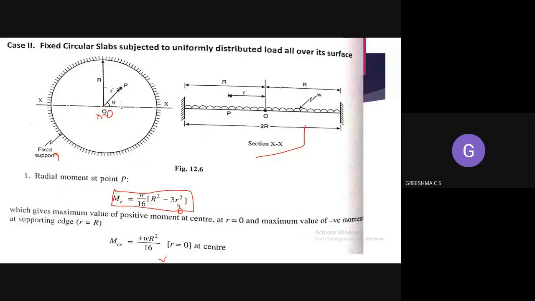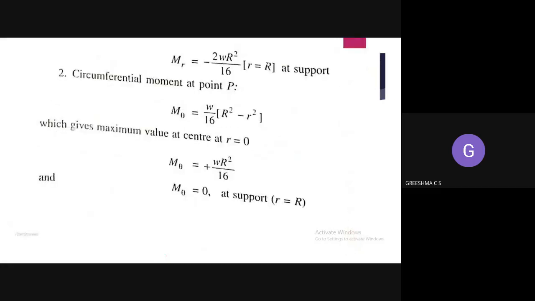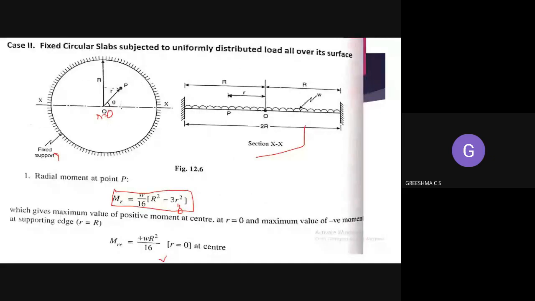But in the case of a fixed support, even if it is small, there will be moment at the supports too. The maximum is always at the center, but at the supports there is also moment. For the support moment, substitute small r equal to big R, and you will get minus W R square divided by 60. The same equation is used, substituting r equal to R, to find the moment at the supports.